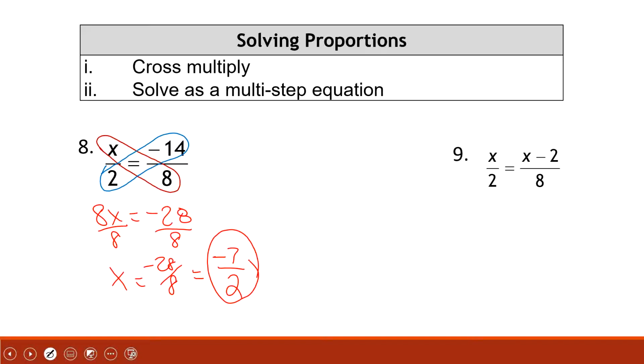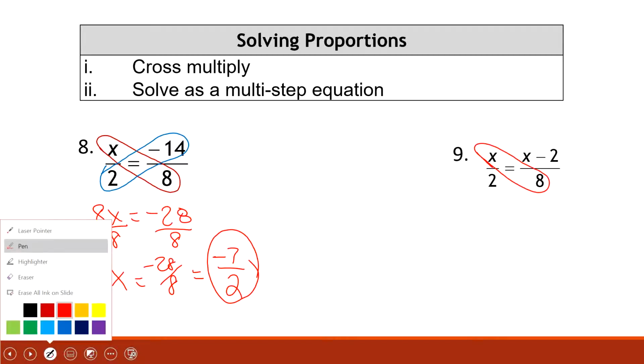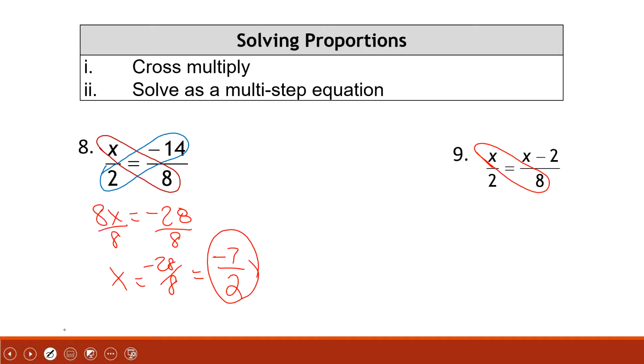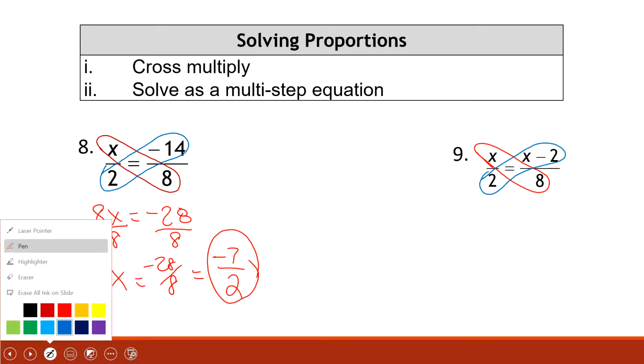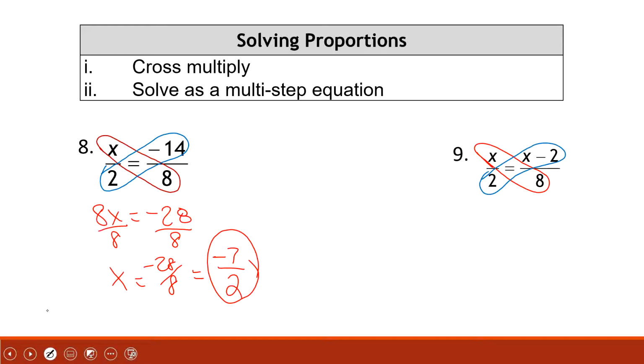Our other example here, we'll do the same thing. We're going to cross multiply 8x times 8. We're also going to cross multiply 2 to x minus 2. Now I'm going to add an extra step in here, which I recommend you doing as well, to remember what we're doing on this. So 8 times x, we just know that's 8x.